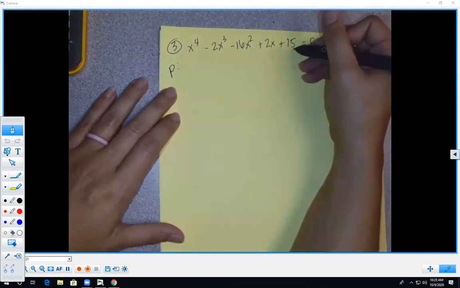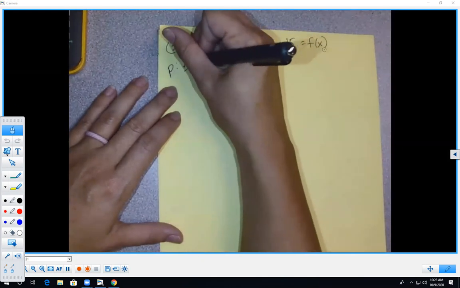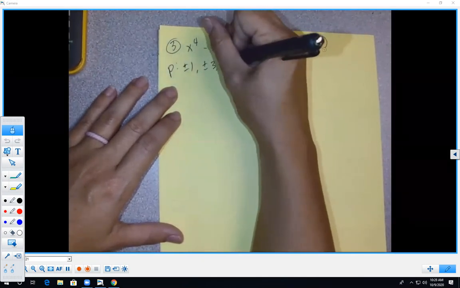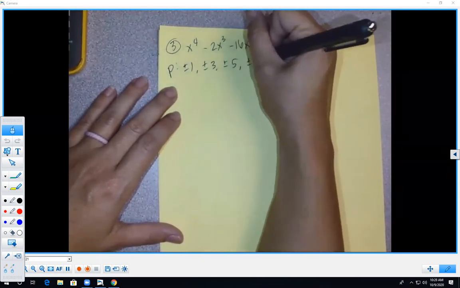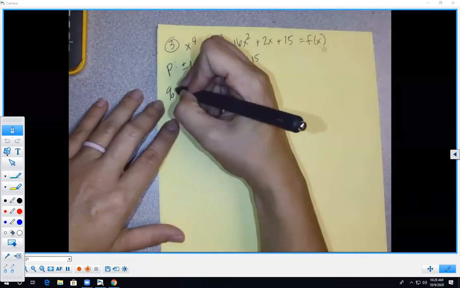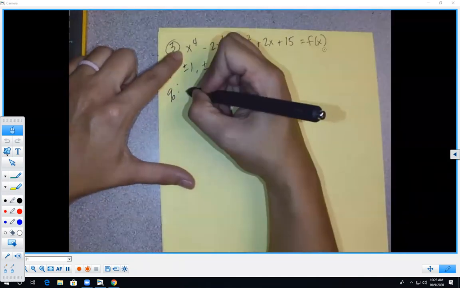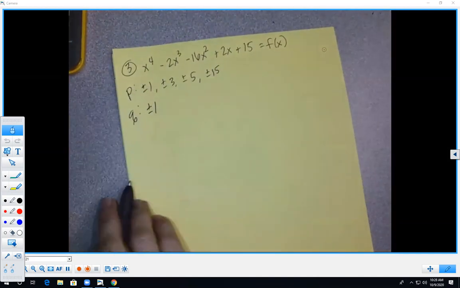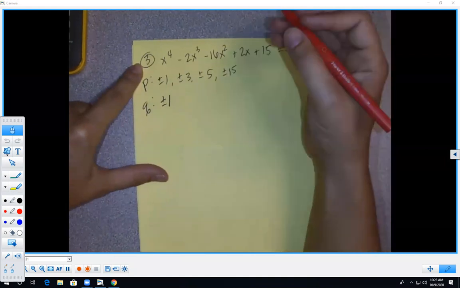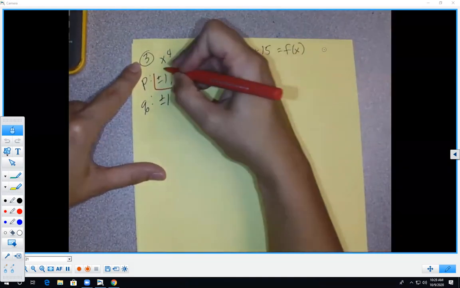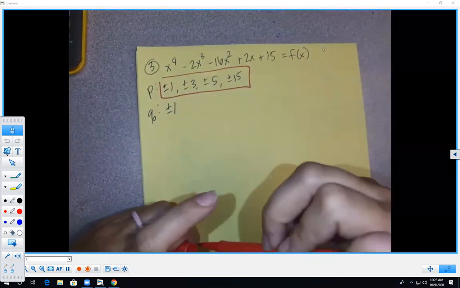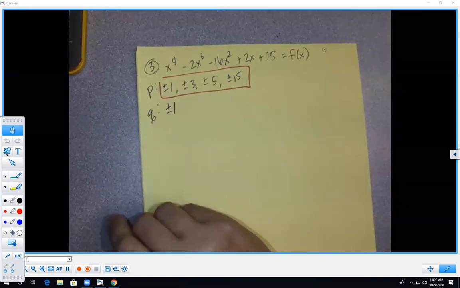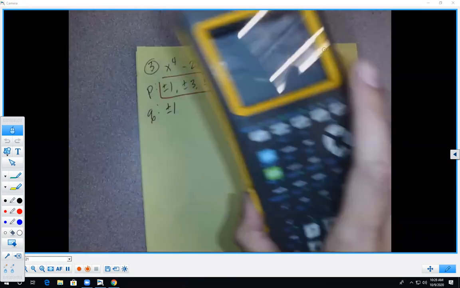What's the factors of 15? 1, 3, 5, 15. What are the factors of the leading coefficient of 1? Yeah, 1. So when I divide them out, what is my P divided by Q, my possible rational solutions? All the P's. 1, 3, 5, and 15, positive and negative. So I have 8 options here.